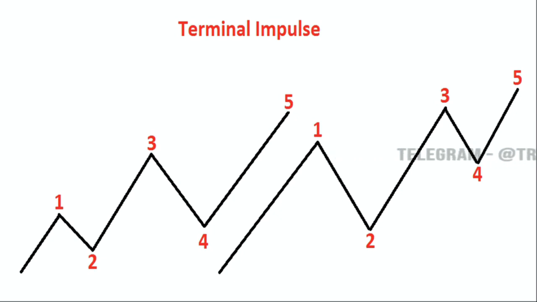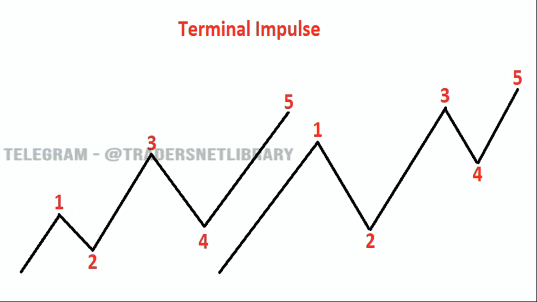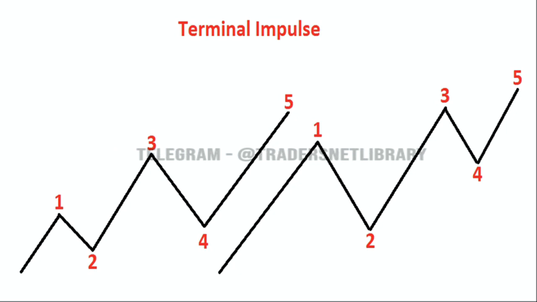In the Elliott and Prechter method, similar to this pattern, there is another pattern called leading diagonal, but with a different combination that has a structure of 5-3-5-3-5.